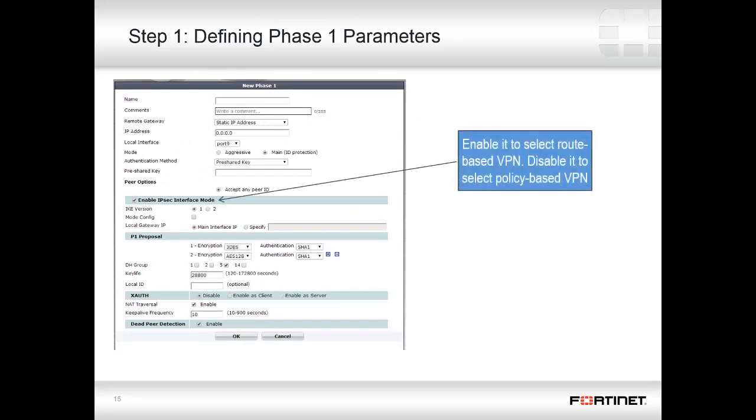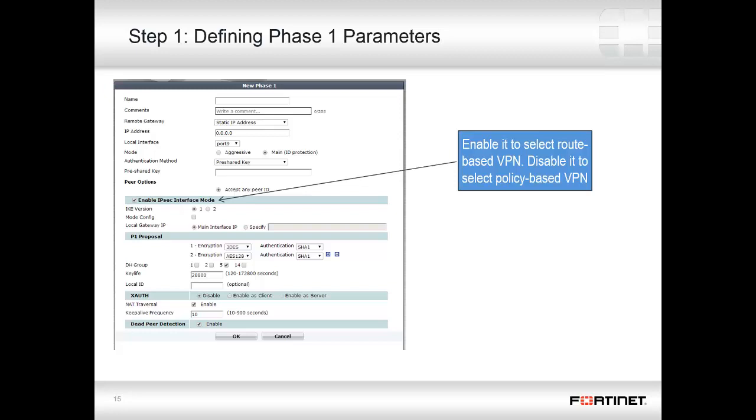This is a sample of the screen where you create a Phase 1. You must configure the IP address of the other FortiGate, the interface where the tunnel terminates, Phase 1 mode, aggressive or main, encryption and authentication algorithms, and so on. Most of the IPsec VPNs are implemented using a pre-shared key as the authentication method.